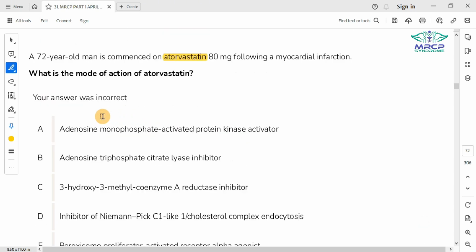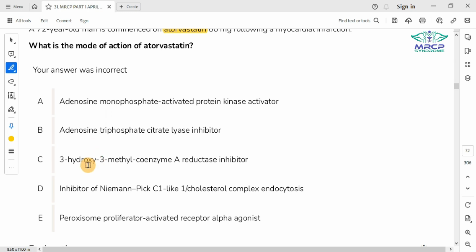In the original recall, they asked about the beneficial effect of statin in cardiovascular patients, and they gave options like inhibition of HMG-CoA reductase, upregulation of the hepatic LDL receptor, and increasing of the HDL receptor. All three are true for atorvastatin, so it was very confusing, but the most appropriate one would be the inhibition of HMG-CoA reductase.